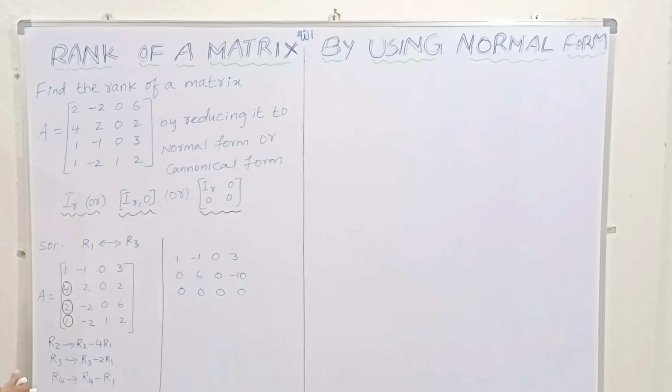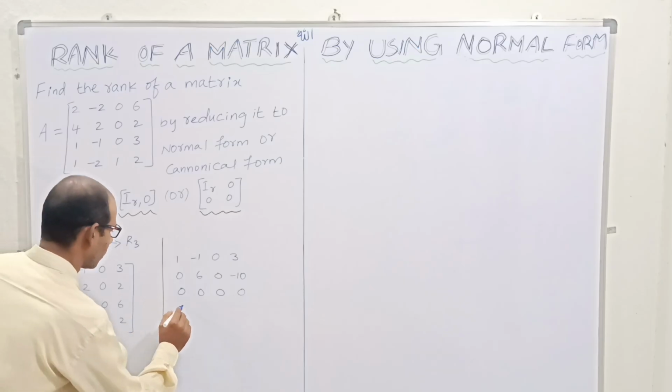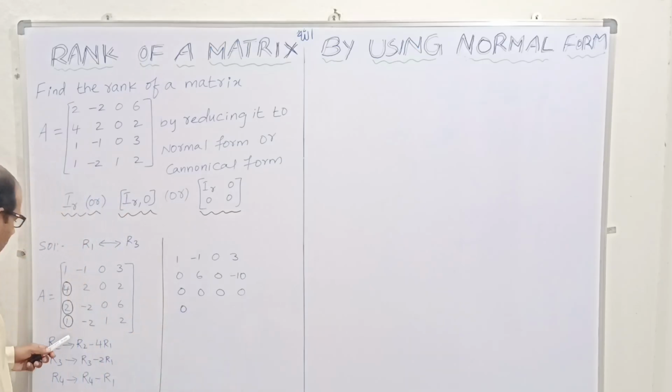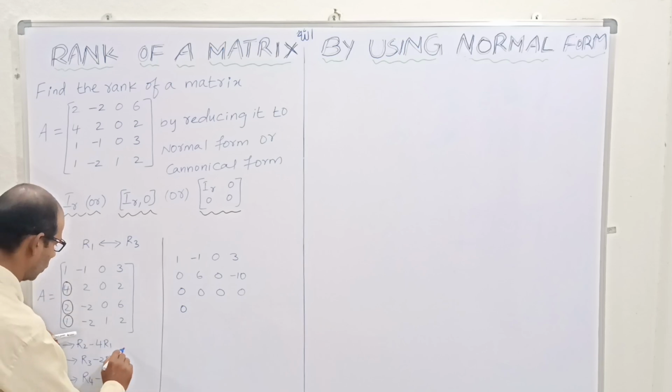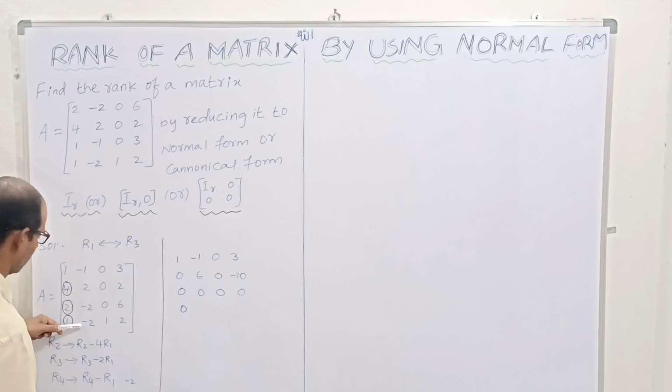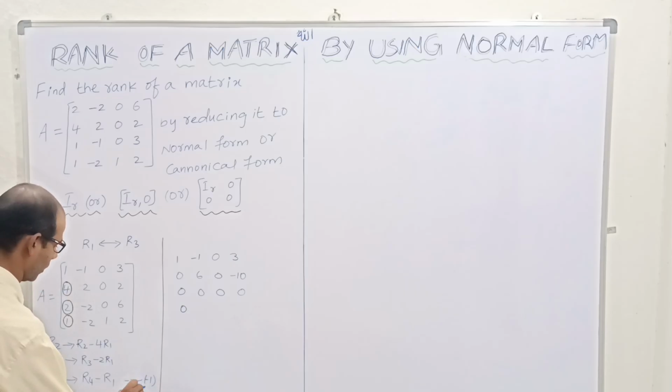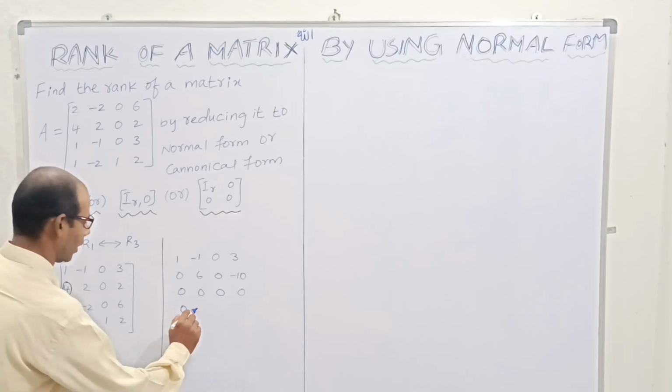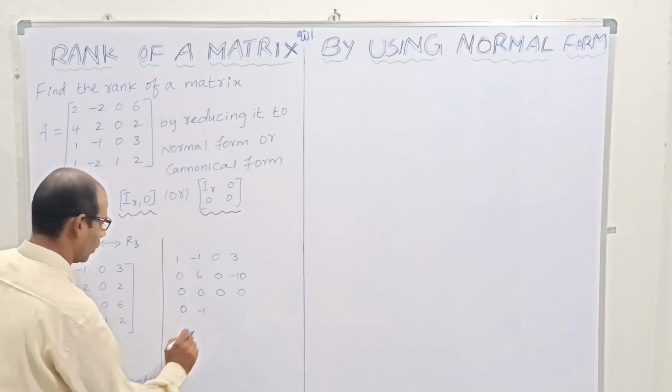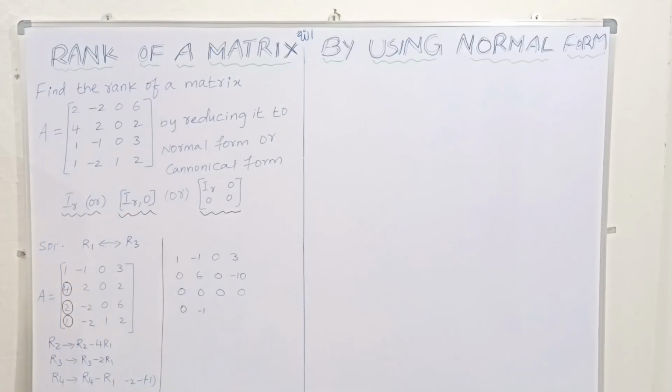Okay, so then let us go for the R1. R1 is changed as R1 minus R1, so that is 1 minus 1, it is equals to 0. Minus 2 minus 2 minus of minus 1, so that is minus 2 plus 1, it is minus 1, right?